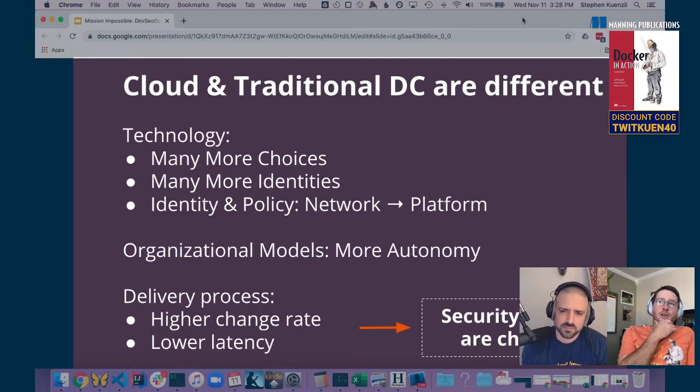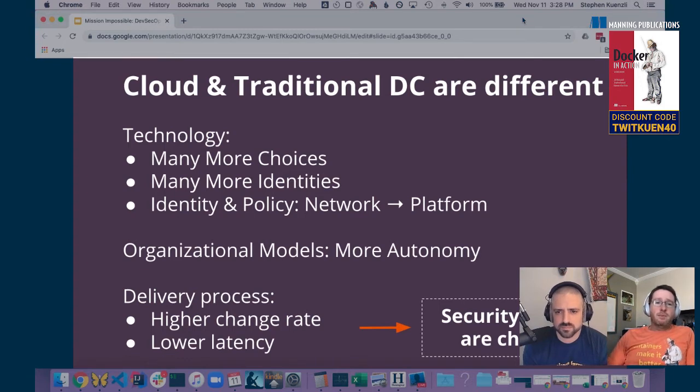If you're using Docker, you probably picked it up for a reason: you're able to deploy smaller changes, or you have a different deployment unit, is one big thing. And because the technology landscape is changing significantly between cloud and traditional deployments.